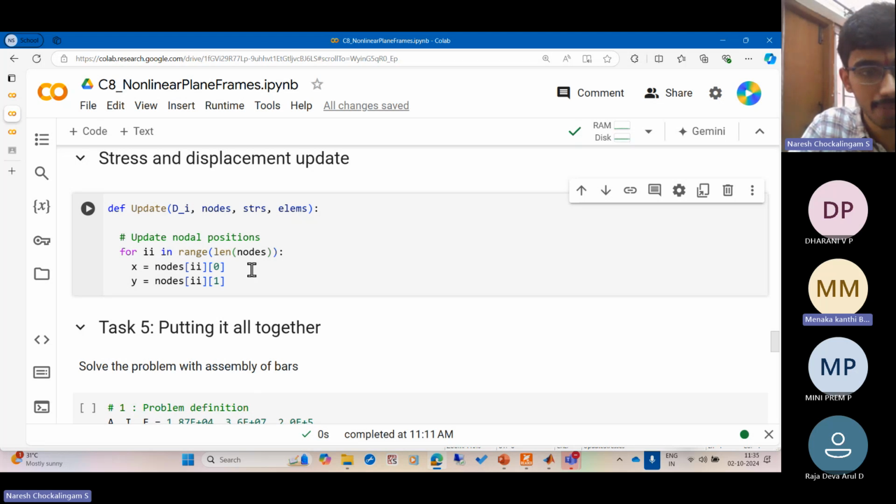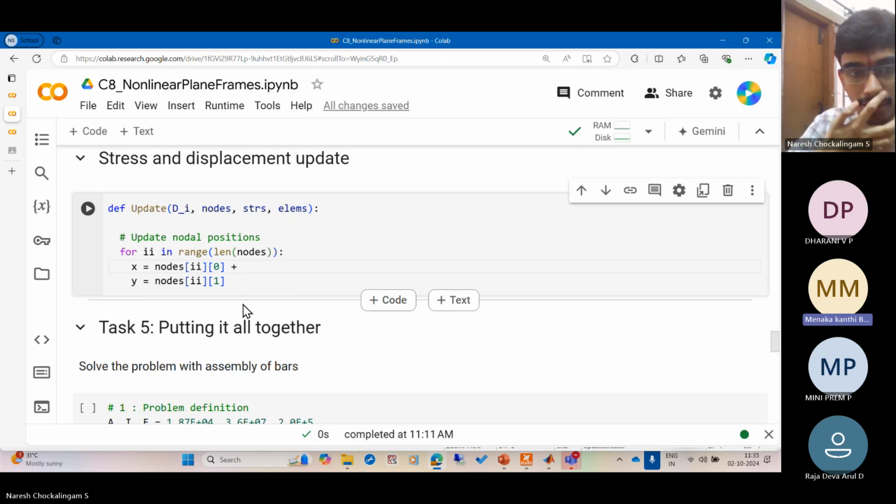Now what is x becoming? If we have a displacement vector, for the first node, what is the first x displacement? It has 3 degrees of freedom per node. So 3i, 3i plus 1, 3i plus 2 correspond to the ith node. So for the first node, it will be 0, 1, and 2. For the second node, it will be 3, 4, and 5. So the x displacement corresponds to 3i.